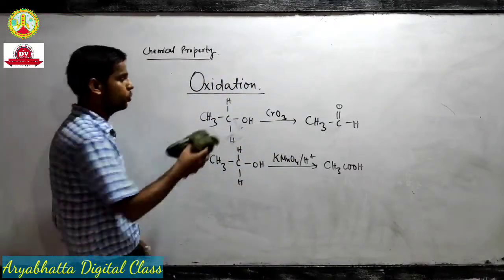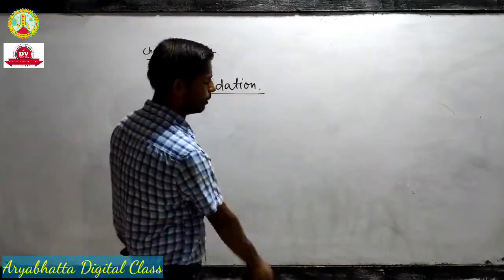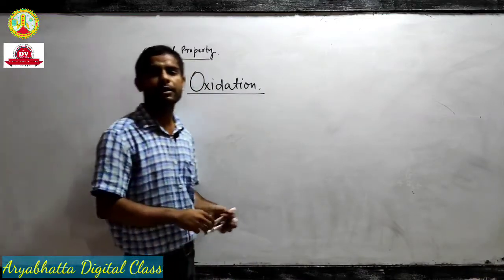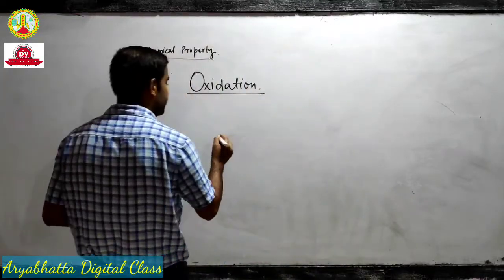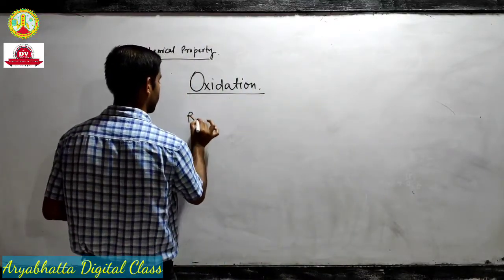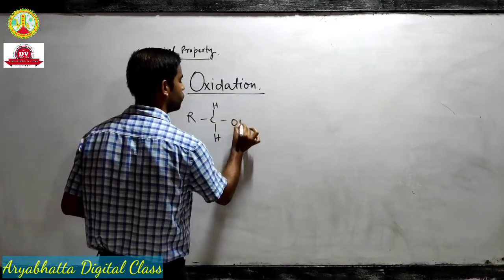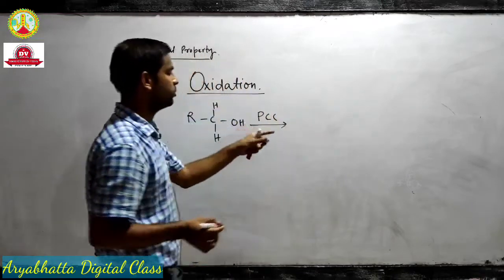To get aldehyde or ketone, we can use a very important reagent, that is called PCC. To convert it to aldehyde we can use PCC. What is PCC?